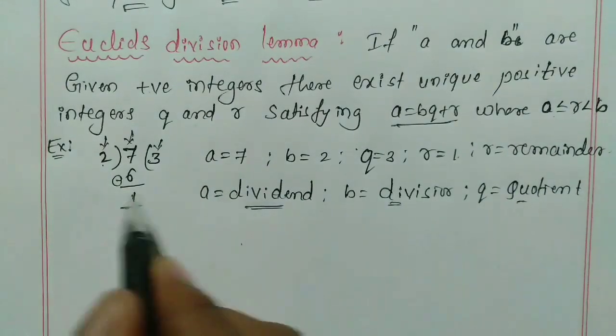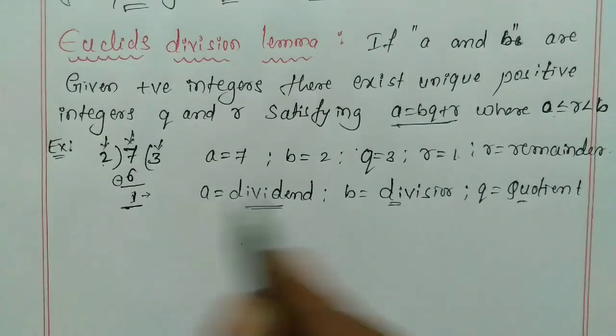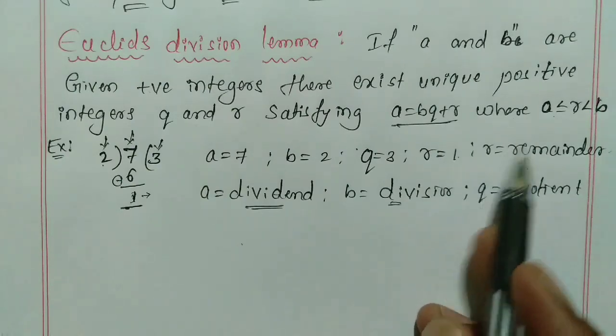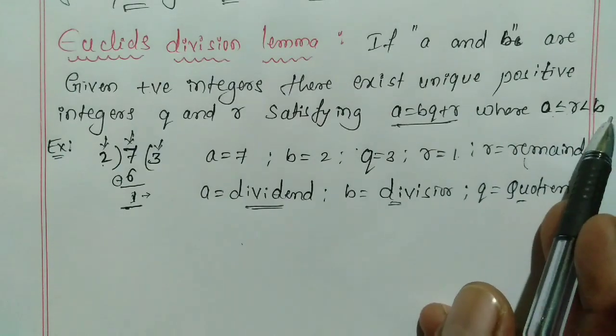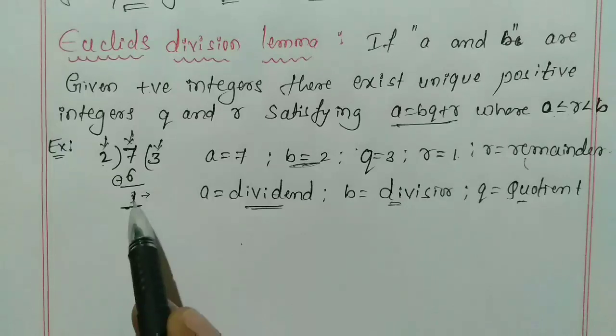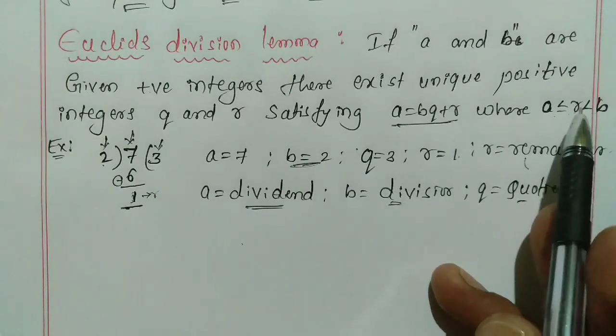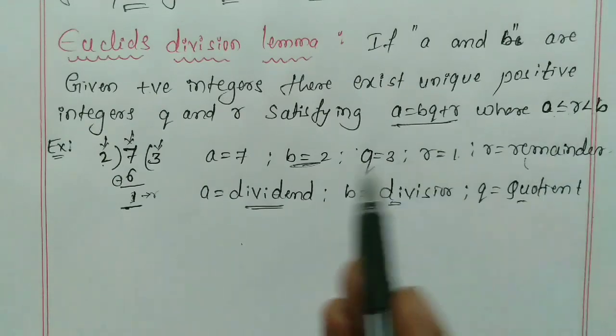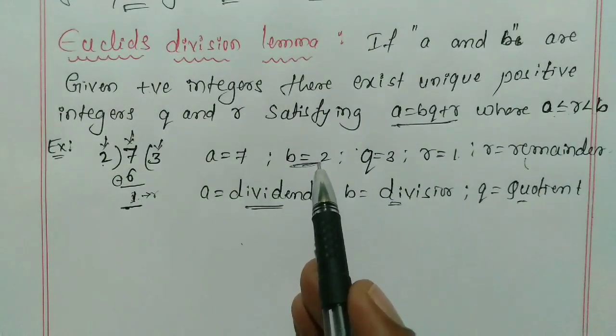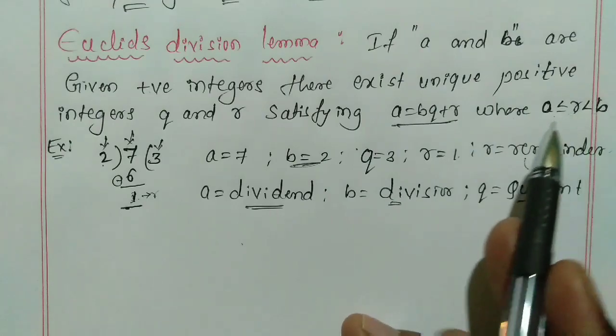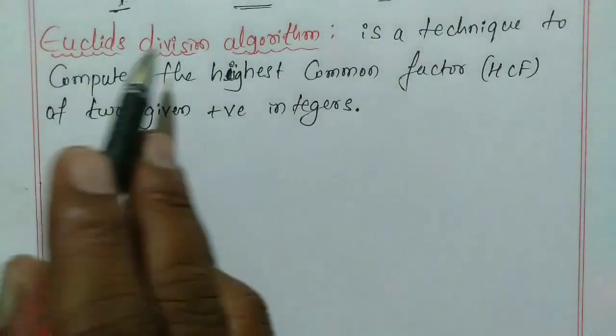This 3 is the quotient and 1 is the remainder. Here r is 1 and b is 2, so r is less than b.